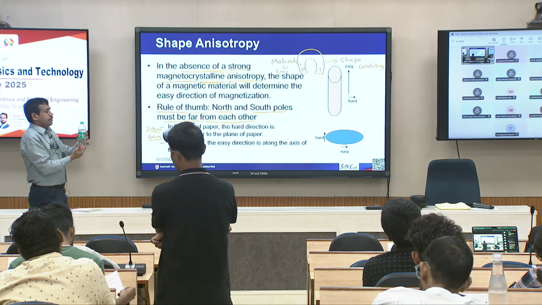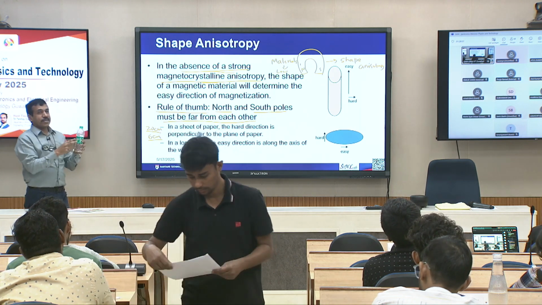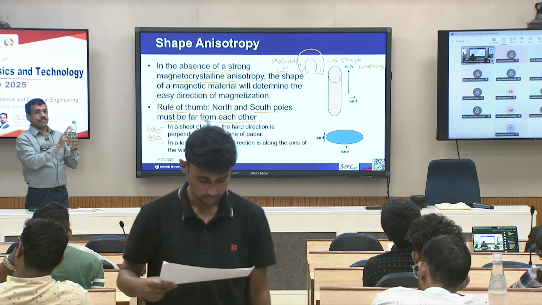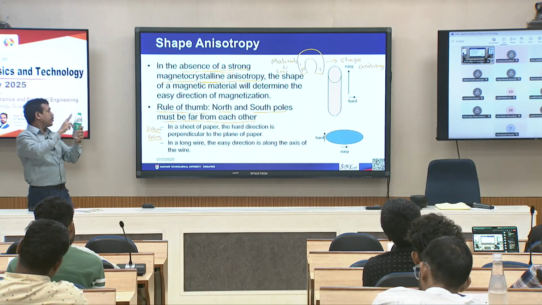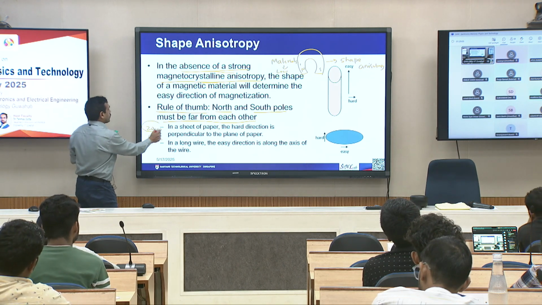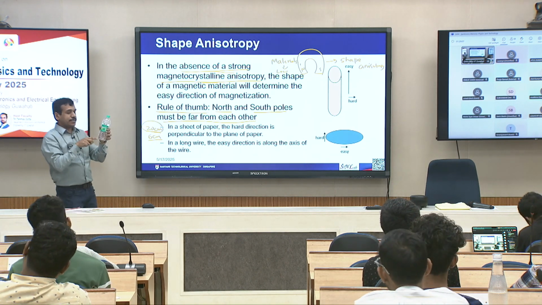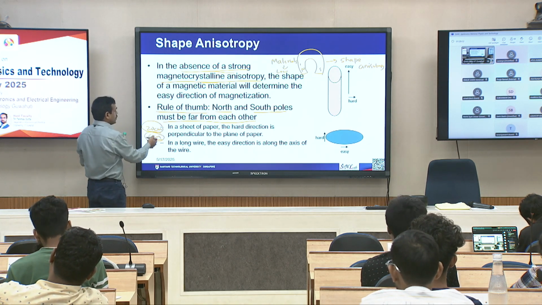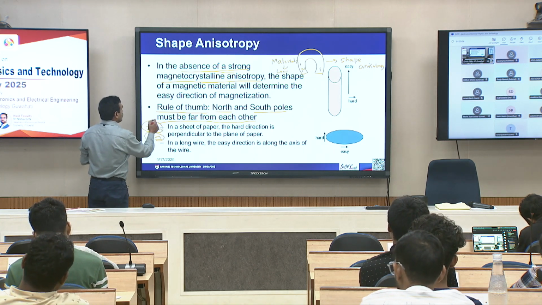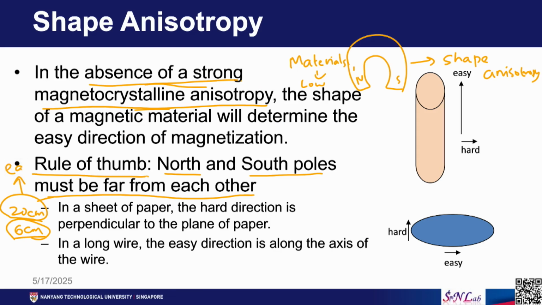So, shape anisotropy dictates that this will be the easy direction, because in this direction if you magnetize, the north and south poles are far away, whereas in this direction the north and south poles are not far, only 6 centimeter. So, this will be the easy direction, this will be hard direction.